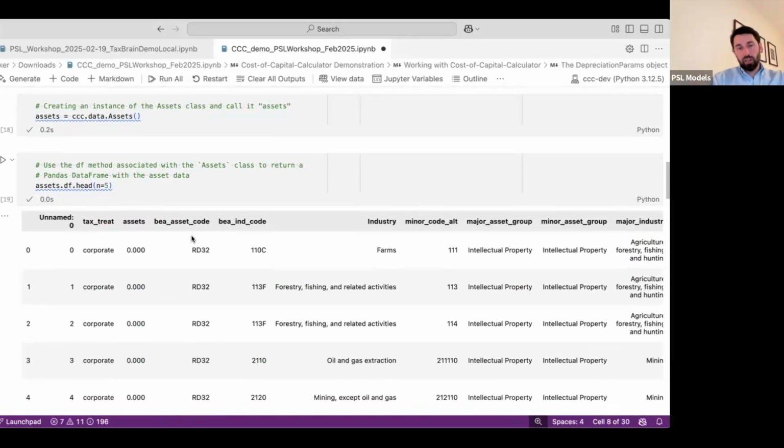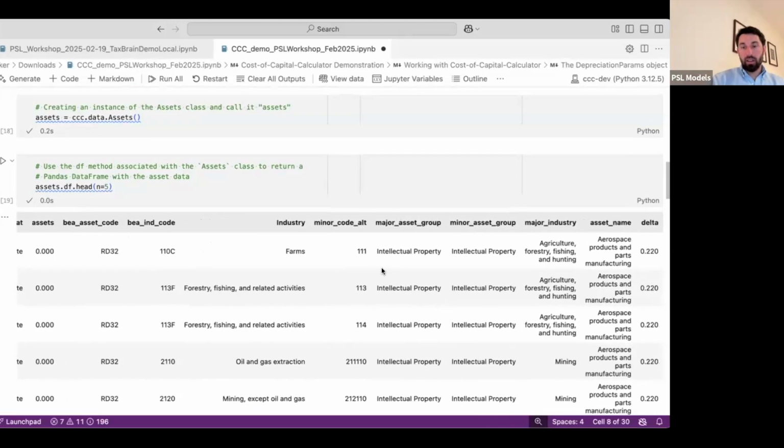what it does is essentially create a table, or in this case, what we're looking at is a Python pandas data frame that has, by tax treatment, by BEA asset code, and by industry, the total amount of assets, the dollar value of assets, and then it's got the economic depreciation rates.